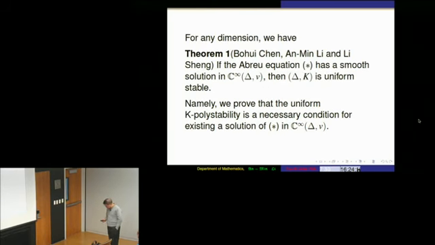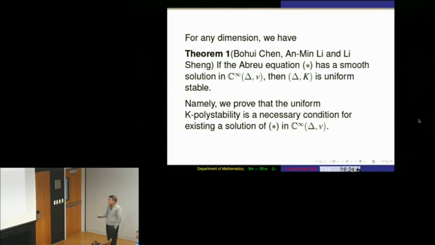But for any dimension, we can prove the following result. If the Abreu equation has a smooth solution in this space, then delta_K is uniform stable. This space means that for any u in this space, u minus v belongs to C infinity of delta bar.